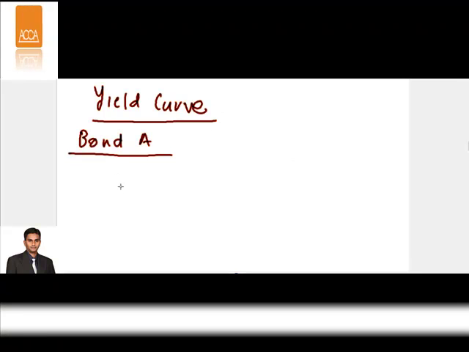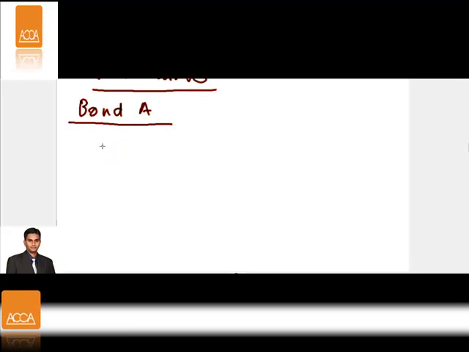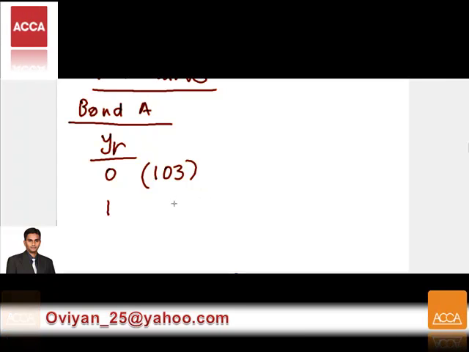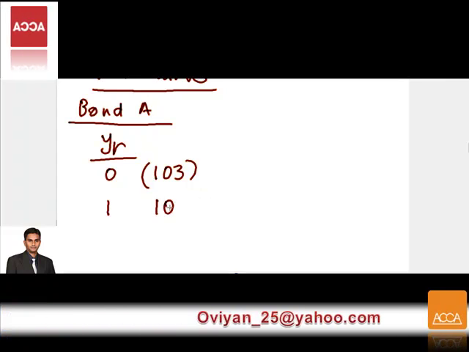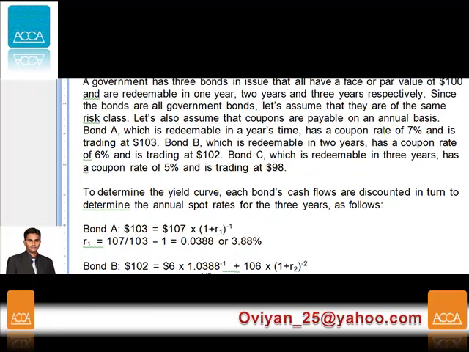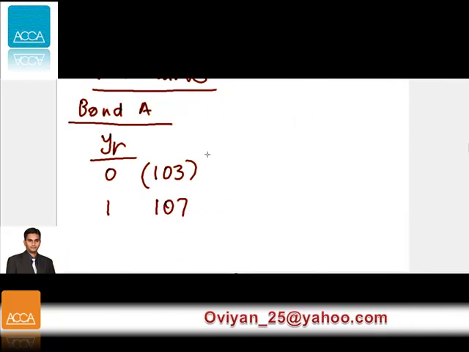Now, let's say the price of bond A is 103. In 1 year's time, you will get $107 with the coupon rate of 7%. Okay, with the coupon rate of 7%, you're going to get 107.